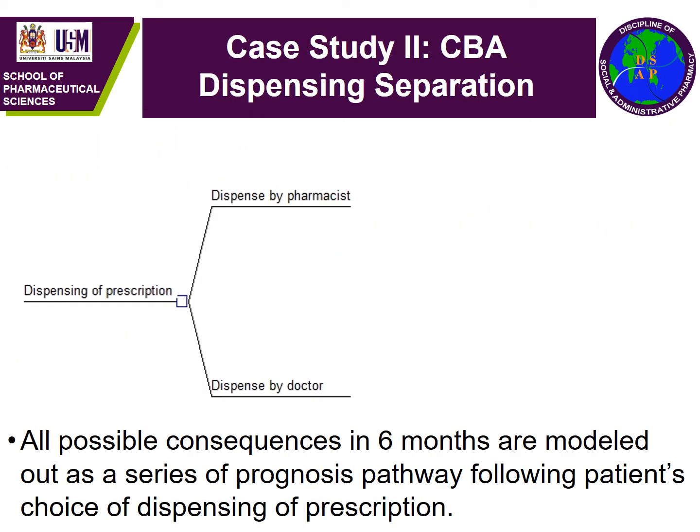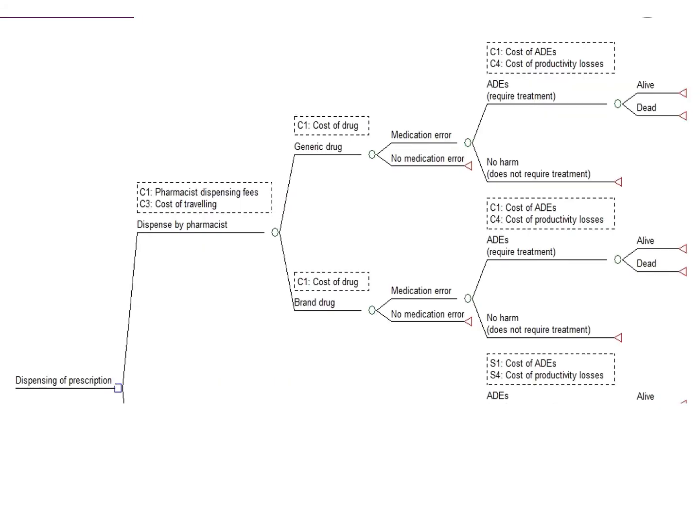So one study looked into employing economic evaluations, in this case cost-benefit analysis, where they try to simulate the cost effectiveness of dispensing separation by looking at whether the dispensing of prescriptions by the pharmacist or doctor can result in different costs and benefits.